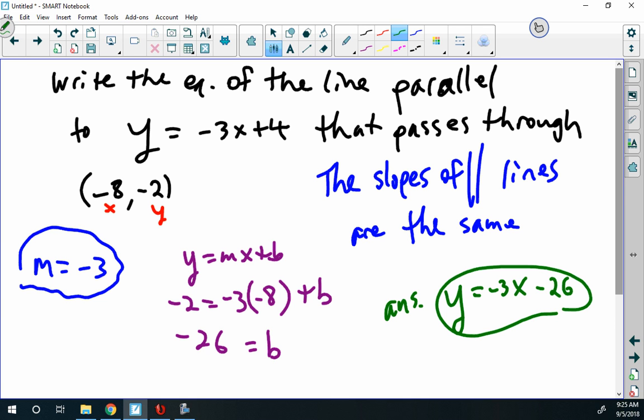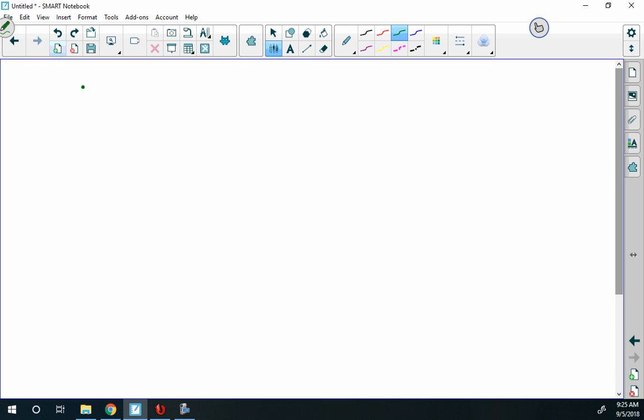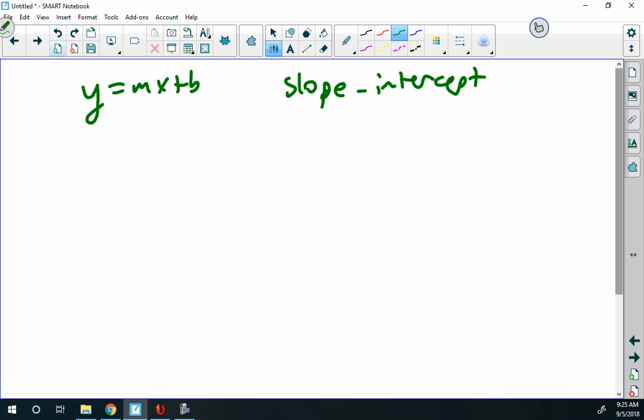I know it's been a long day. I know it's hot. We only have one last thing to talk about, and those are the different forms. We saw this one, y equals mx plus b. Of course, that's called slope-intercept. We saw this one, x equals some number. What kind of line?